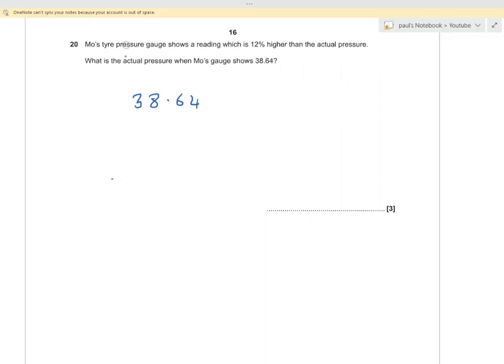So the actual represents 100% and the reading is 112%. So 38.64 divided by 112% times 100 equals 34.5. 34.5. Oh, nearly fell into the trap.